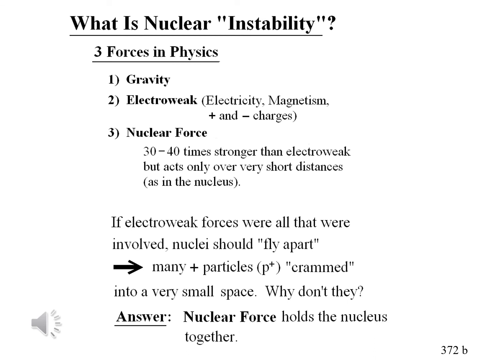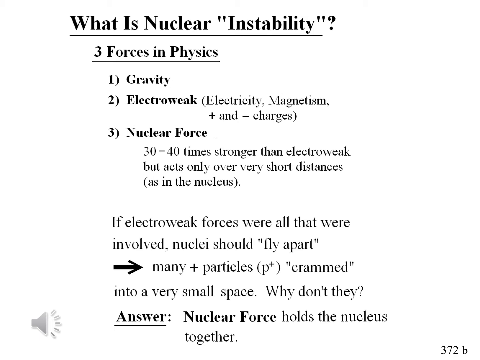See, if you went by the electroweak force and you jammed a bunch of positive protons together in a tiny nucleus, they would want to repel each other and fly apart. The force by which they want to fly apart is sometimes called the weak nuclear force, but I believe that's just an electroweak force. The nuclear force is 30 times stronger, and it tends to hold the nucleus together so that it doesn't fly apart.